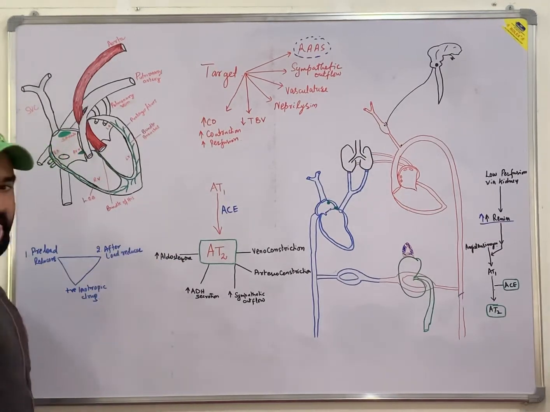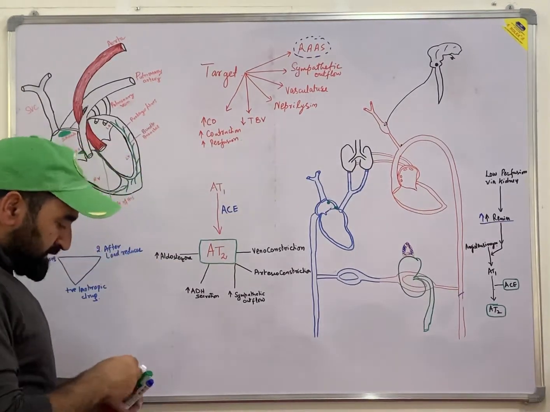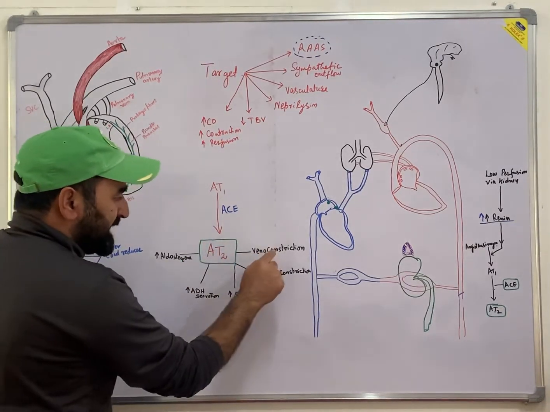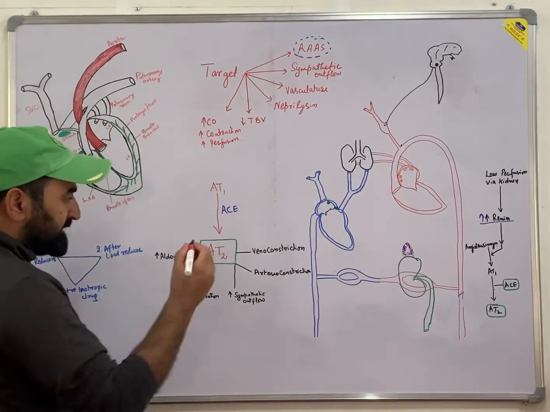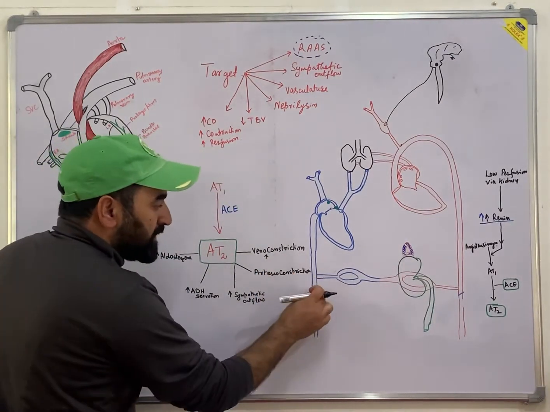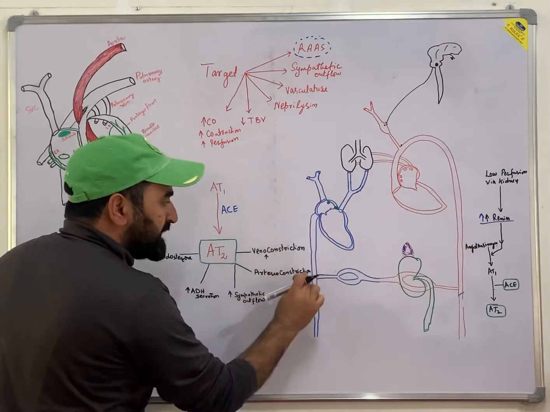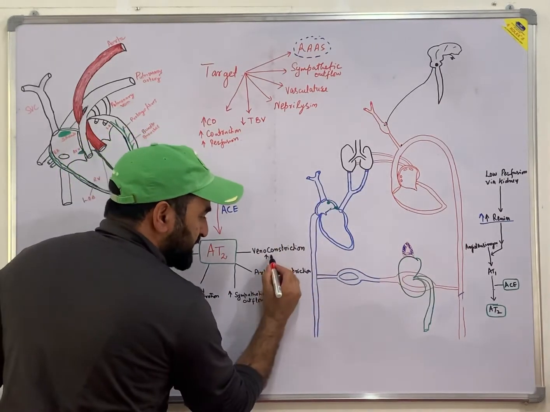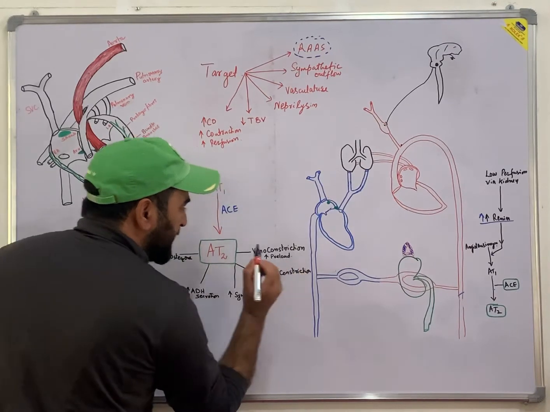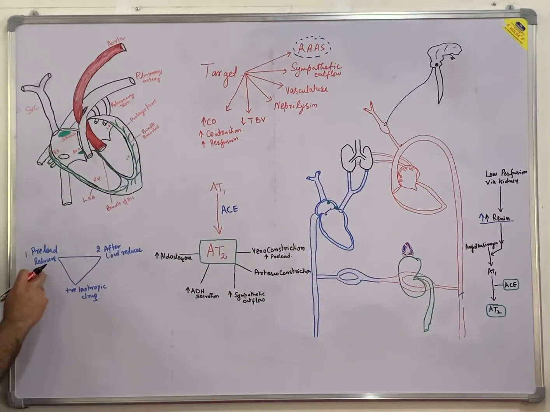Now, let me take one by one how. When AT2 increases the venoconstriction, that means it increases the venous return. When it increases the venous return, that means it increases the preload. So what I have to treat, we have to give preload reducers.